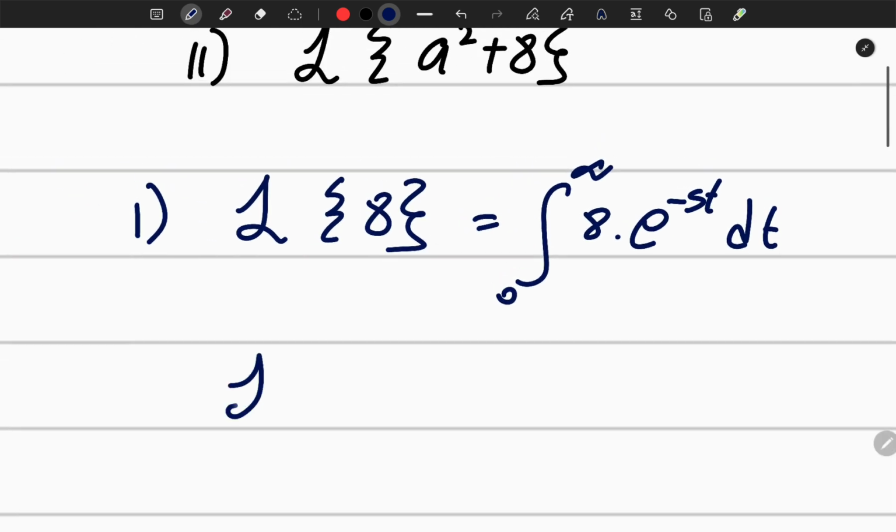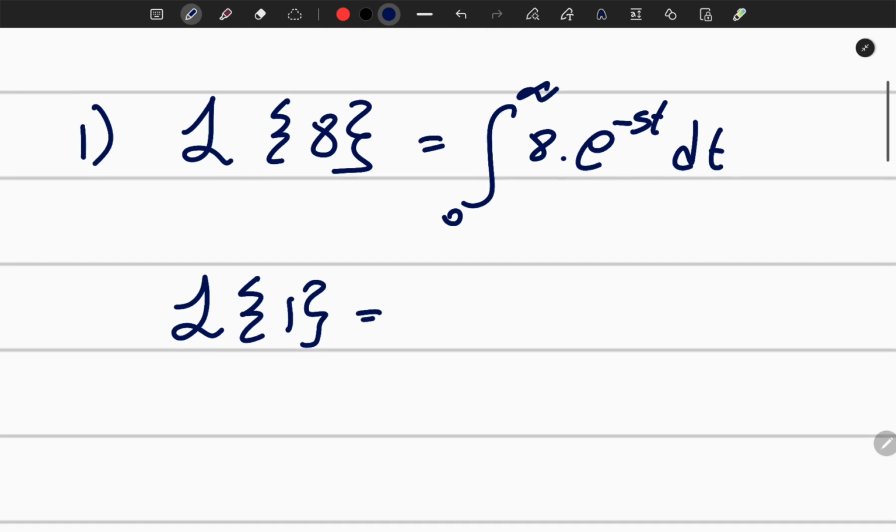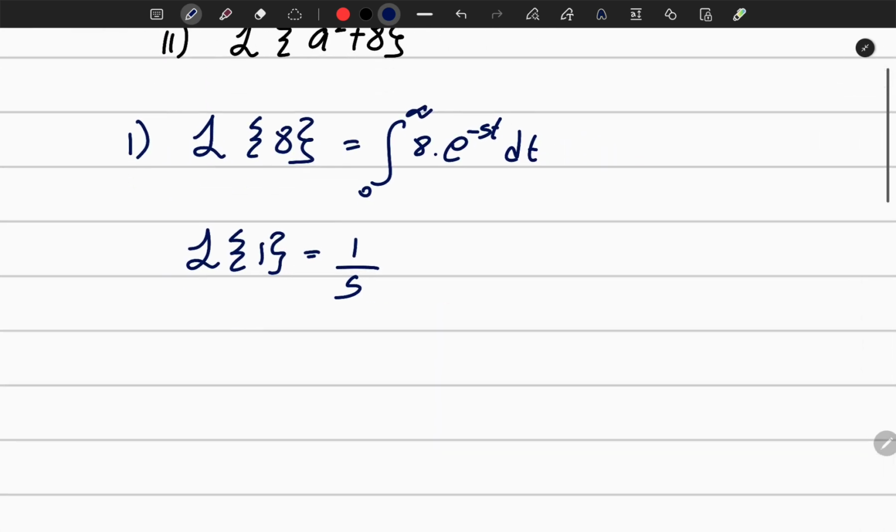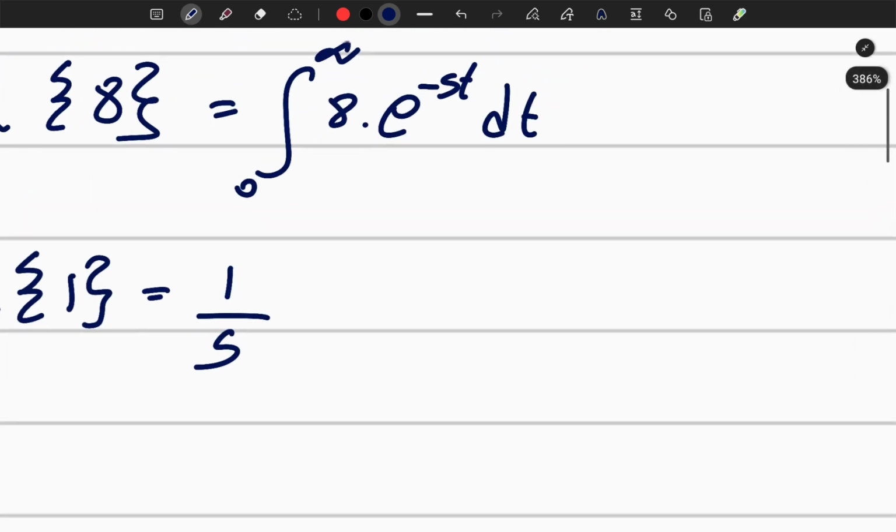So what is the Laplace transformation of 1? I talked about that in the last video. That is 1 over s. I also talked about linearity.